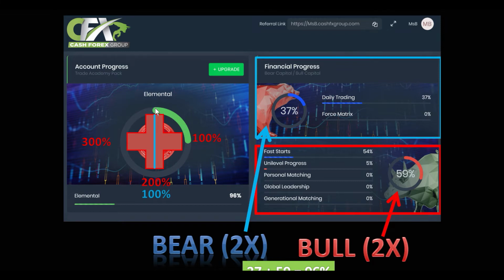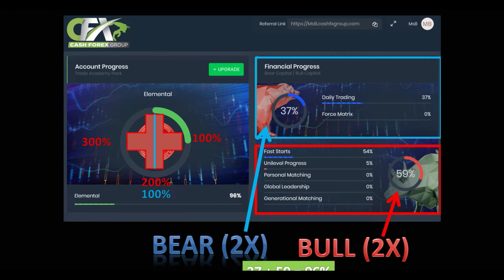So basically this is showing that I'm about quarter of the way through, and that makes sense because at 96, I'm only 4% away of 100%, and I'm hoping to get 400% return on this investment. So this is showing the progress so far, that I'm almost at 100% of my investment.